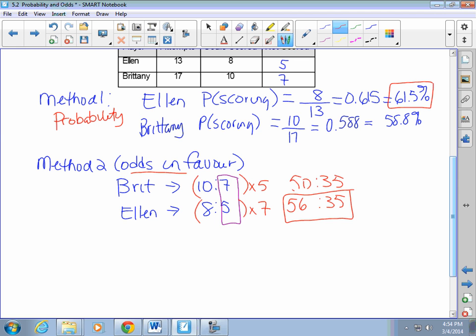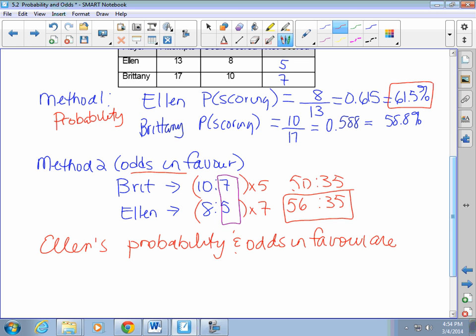And this is odds in favor. So no matter which way you do it, Ellen's probability and odds in favor are better. So she should shoot first.